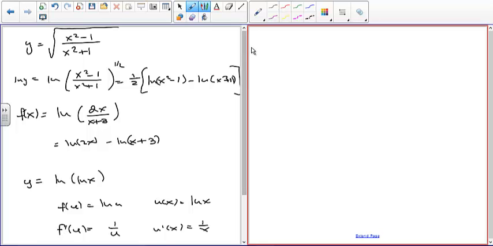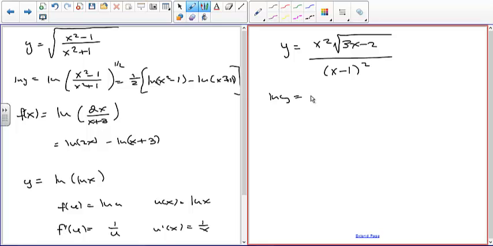Okay, what do we got next here? y equals x squared times the square root of 3x minus 2, divided by (x minus 1) squared. Seth. E. And so if you take the natural log of both sides, it looks like that.